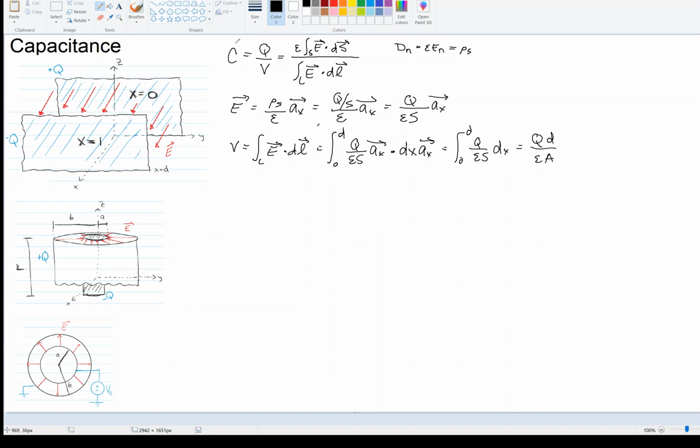Now when we compute this ratio of q over v, the q's drop out, and we get the capacitance is just epsilon s over d. Some texts use s as the surface area, some use capital A as the area. But that's the capacitance of this parallel plate capacitor.